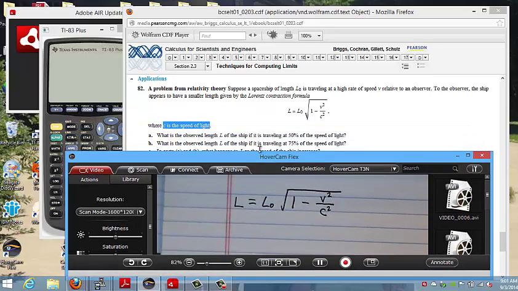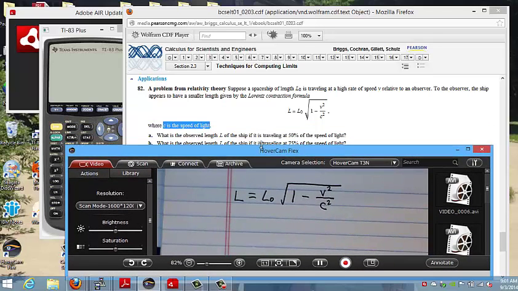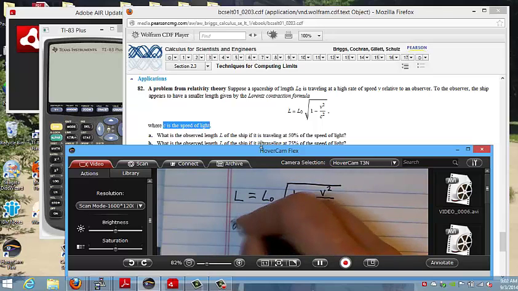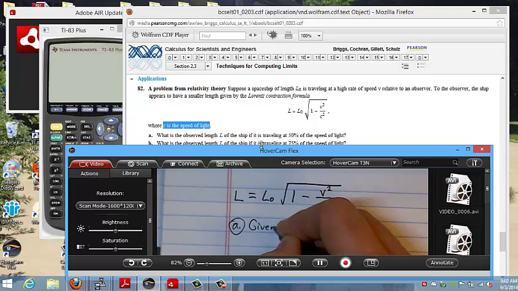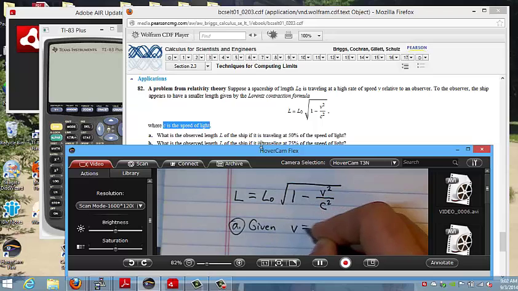It says part A. What is the observed length of the ship if it's traveling at 50% of the speed of light? Oh, thankfully, I guess I don't really need to know what C is. I was wrong. Because they told me, in part A, we are given that the velocity is equal to 50%, so 0.5 c.